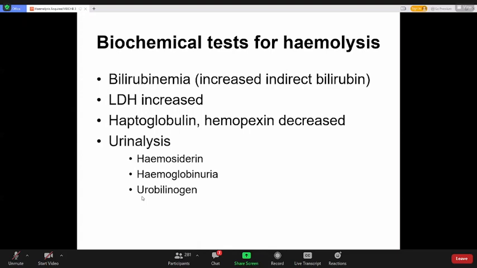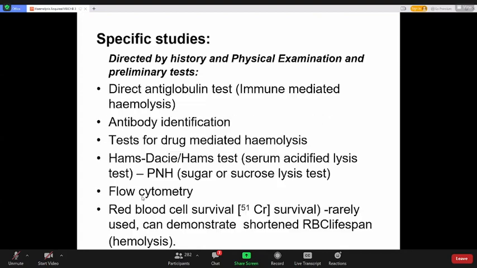So you get hemoglobinuria. And you can also get urobilinogen, which is a bilirubin product excreted in urine. So all these go up. You can detect them in the urine. And these are the biochemical markers of hemolysis.